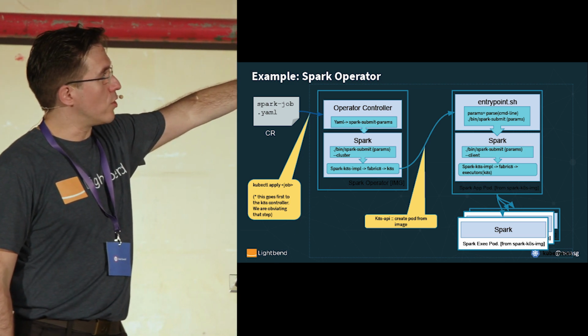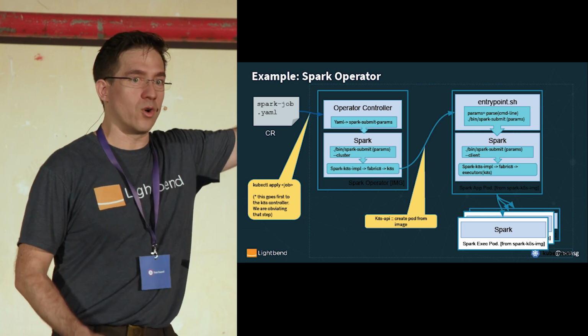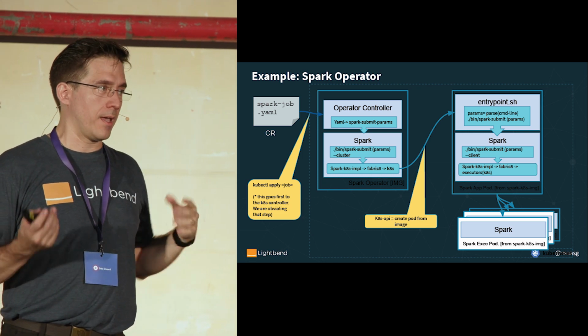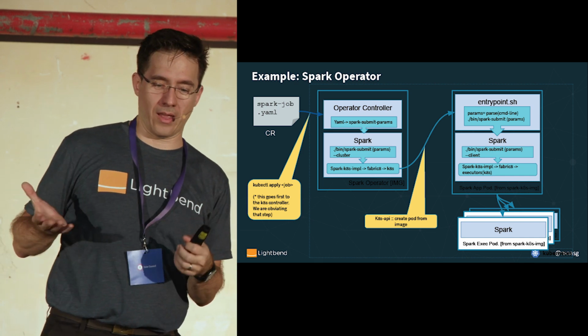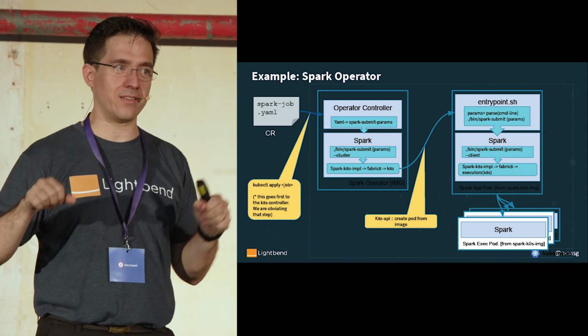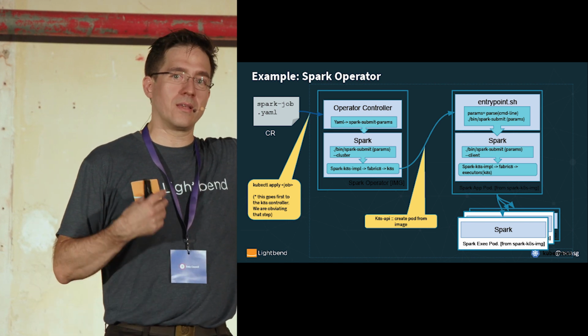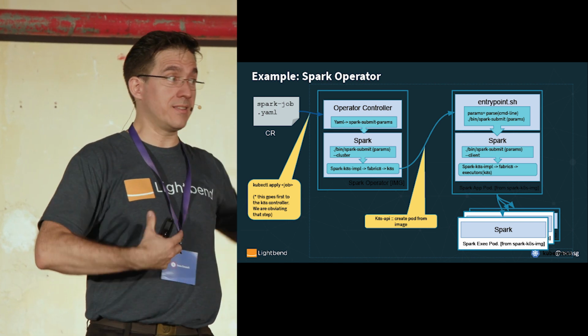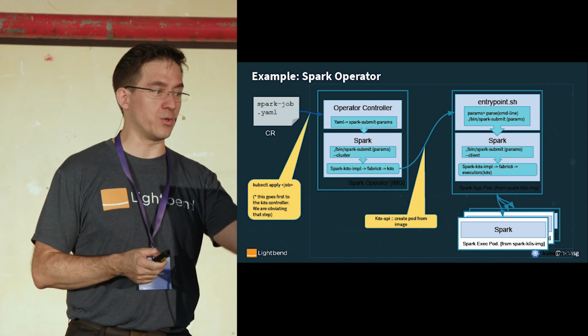The operator controller will do a submission to Spark, and Spark will deploy this into Kubernetes. The interesting part, when you start looking under the hood of how these things are working, is that Spark itself also implements an operator pattern inside Spark to be able to deploy those executors on Kubernetes.